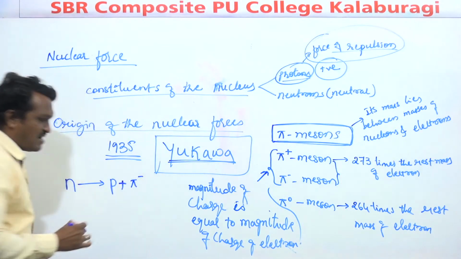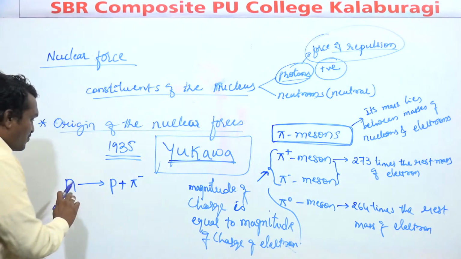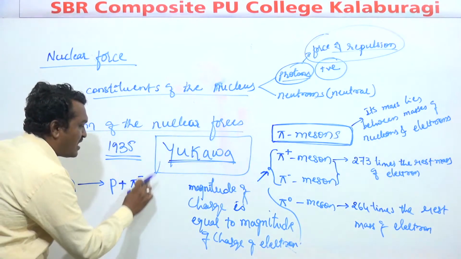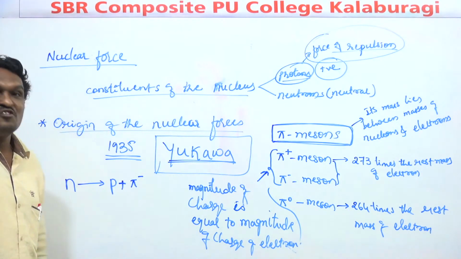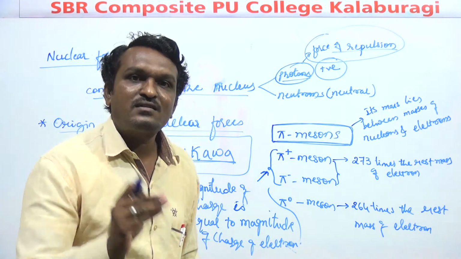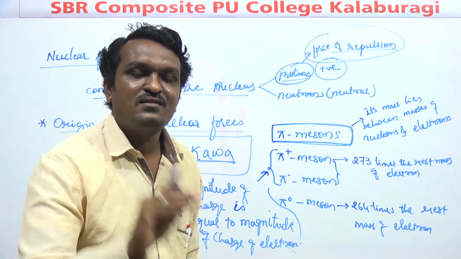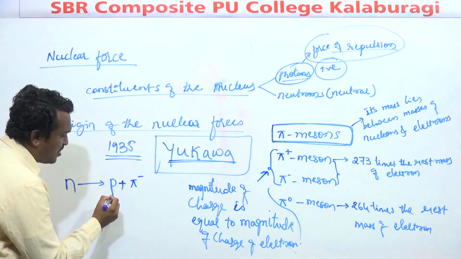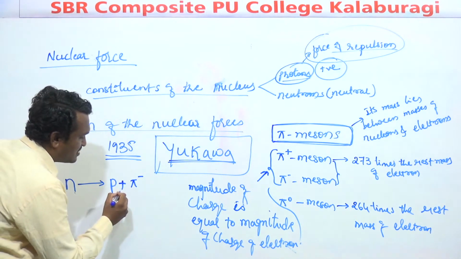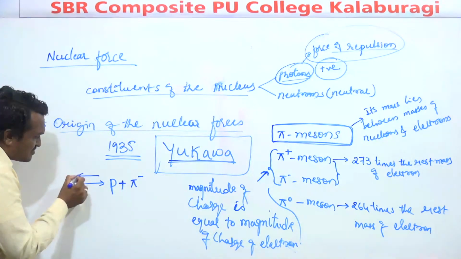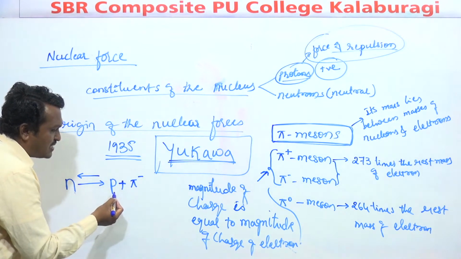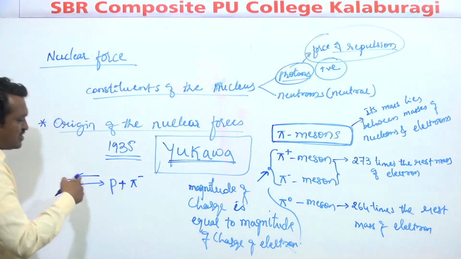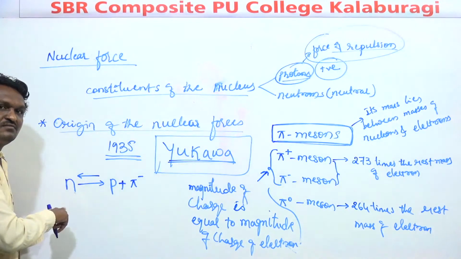So when a neutron emits a pi minus meson, along with that we get a proton. Similarly, in reverse, if a proton absorbs a pi minus meson, it will convert into a neutron.